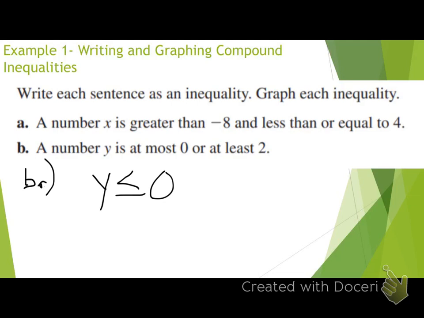Is this going to be an and or or compound inequality? Or. We see that or right there. So number y is at most 0, so y is less than or equal to 0, or at least 2. Does anyone want to take a shot at that second part of the inequality?